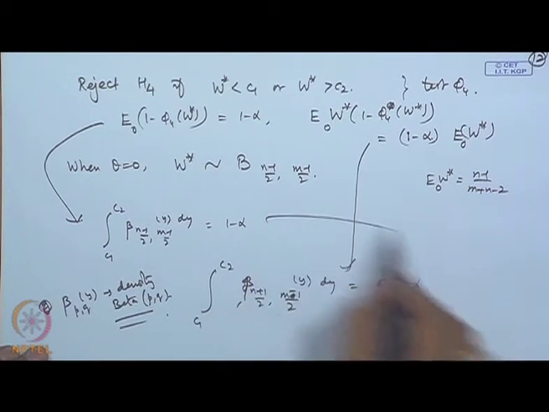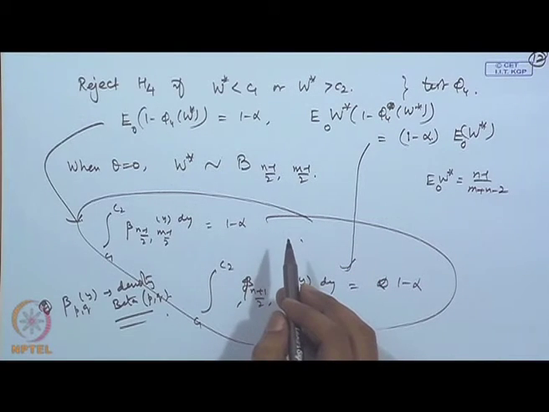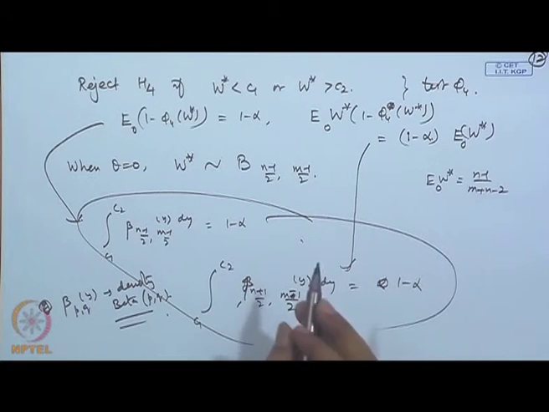Then these two conditions can be used to determine the constants C1 and C2. For convenience, we generally take the alpha by 2 point and the 1 minus alpha by 2 point on the F distribution with m minus 1, n minus 1 degrees of freedom.